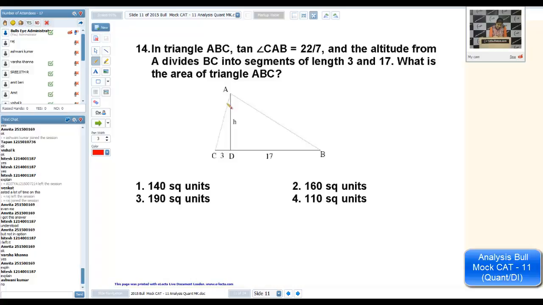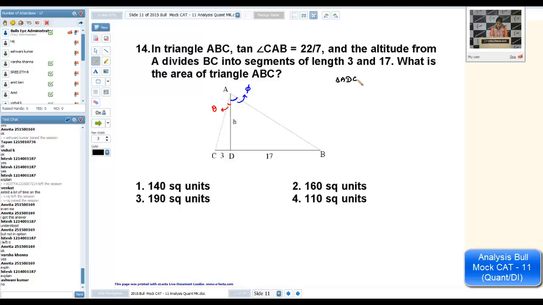So let us start. Let the smaller angle be theta and the bigger angle be phi. First of all, I am taking triangle ADC.